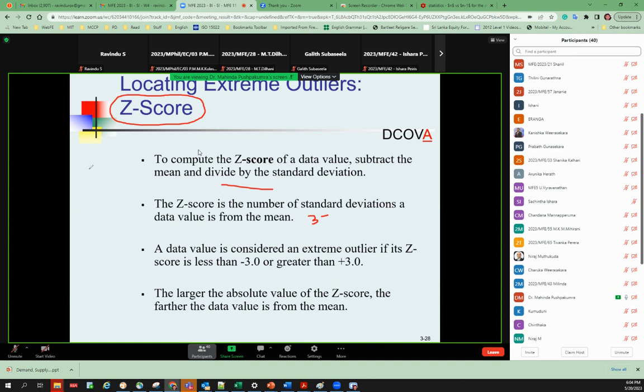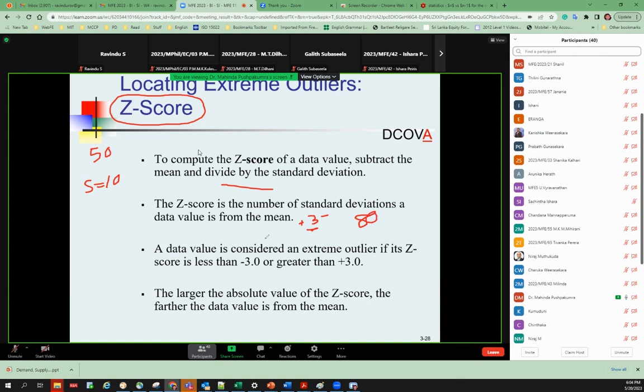Let's say as an example, the mean is 50 and the standard deviation is 10. If the Z value is plus 3, the particular value is 80.